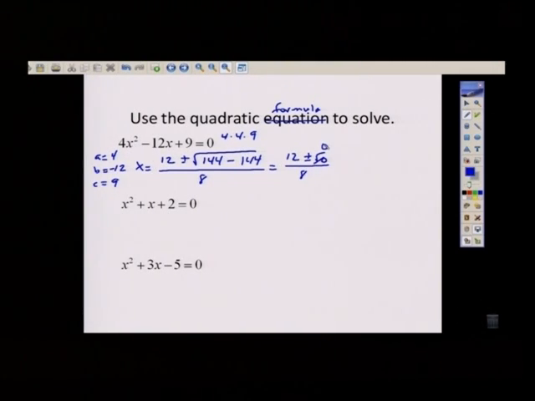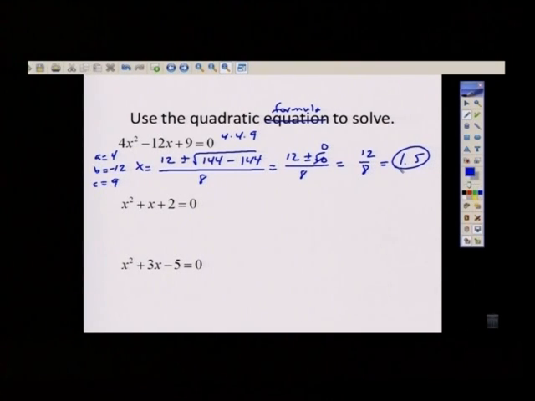The square root of 0 is 0. So if I take 12 plus 0, or if I take 12 minus 0, I'm still going to get 12 over 8, or I could reduce that to 3/2 or 1.5.